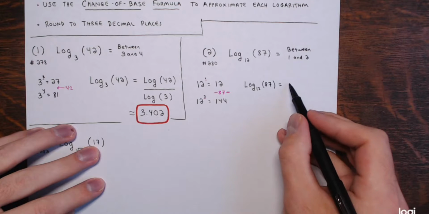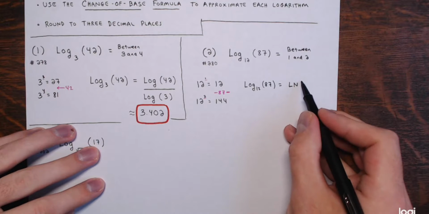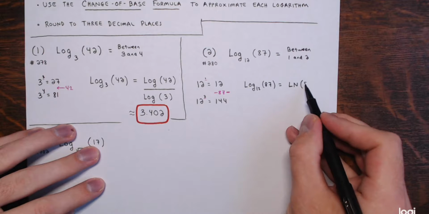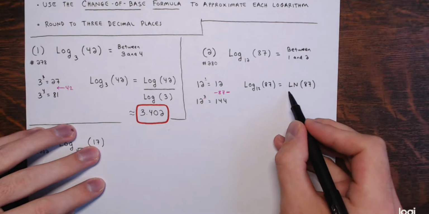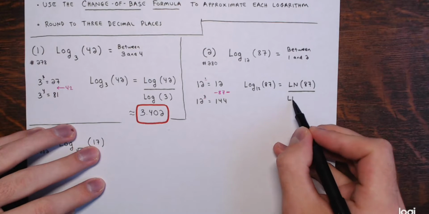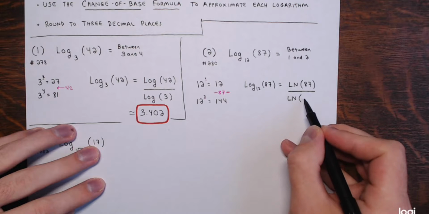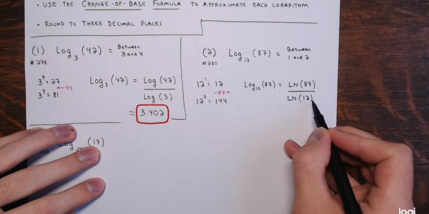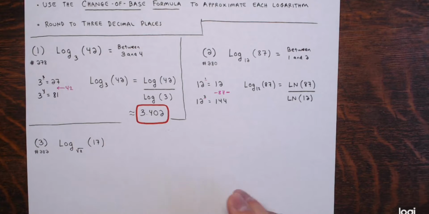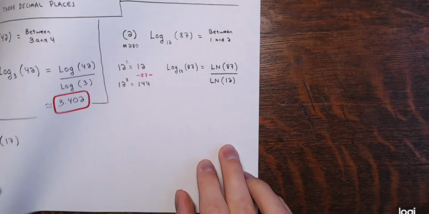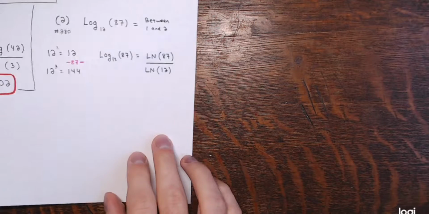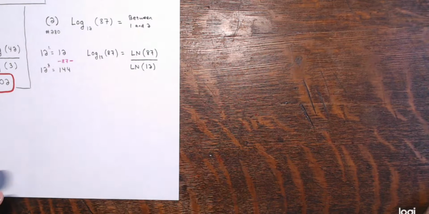Let's change it to base e this time. So I'll do the natural log of 87 instead. But then don't forget to divide by the natural log of the original base. So I'm going to punch in the natural log of 87 divided by the natural log of 12 in my calculator.